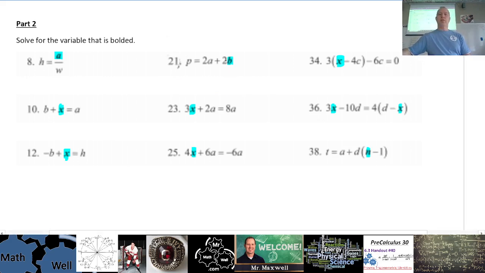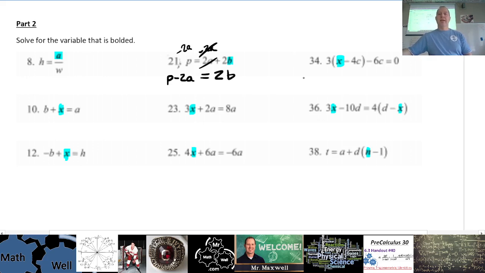So if you're going to solve for b, you do everything just the exact same that you would normally do, except there will be unlike terms. So on the left side here, if I subtract 2a, I have p minus 2a on the left side, or negative 2a plus p, whichever way you write it, it's okay, equals 2b.